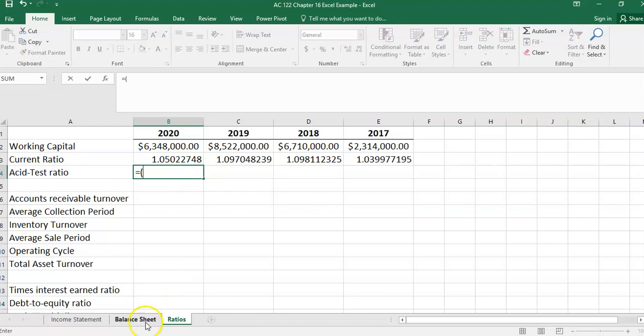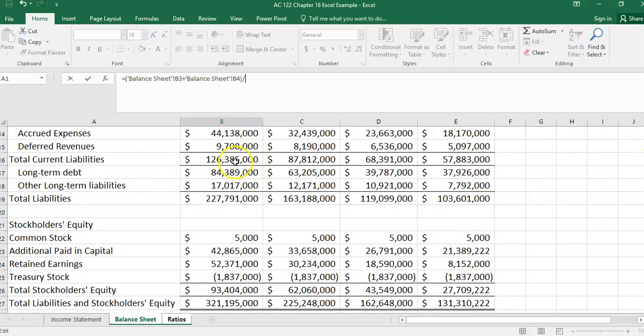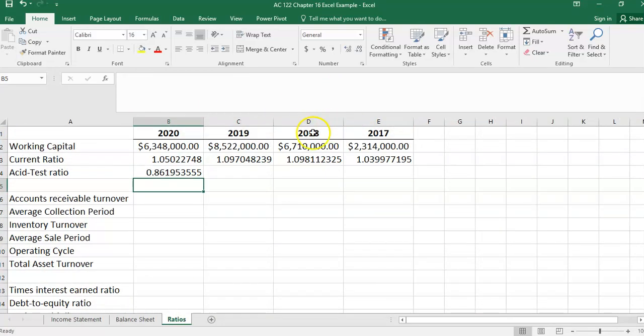So we're going to add cash equivalents plus accounts receivable and take that number divided by total current liabilities.